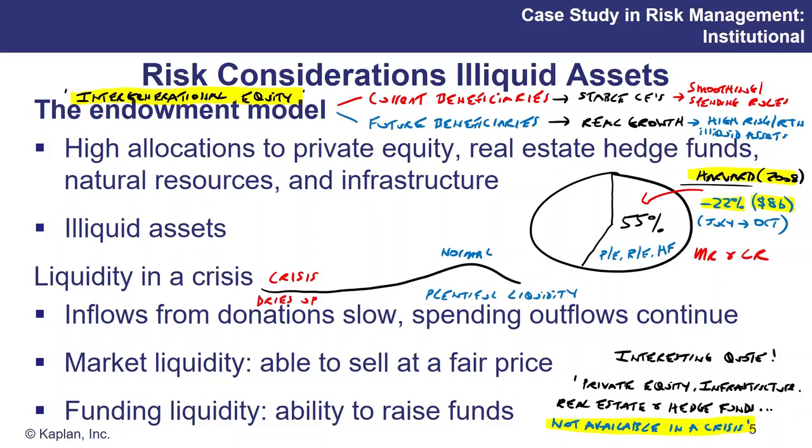Now, Harvard were faced with some tough decisions. Here's the first tough decision they had to make. Number one, can we sell out, guys? Can we sell out some of these assets at a fair or reasonable price? Now, if it's not a fair price, the expression often used is something like a fire sale price or some sort of deep discount.